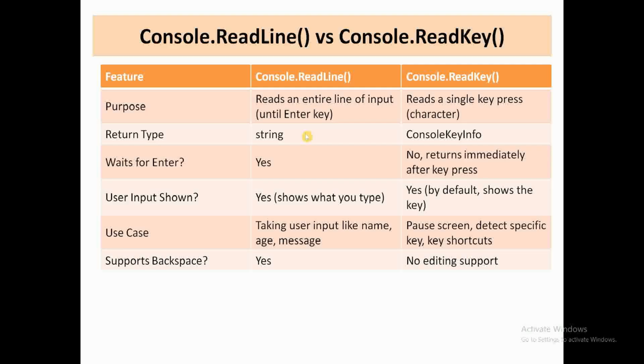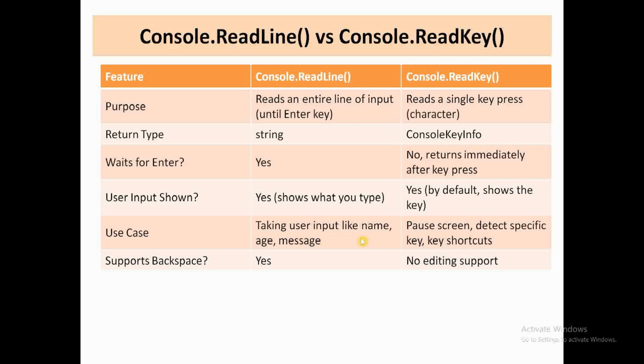ReadLine's return type is a string; we have to convert it by typecast. ReadKey's return type is ConsoleKeyInfo. ReadLine waits for the Enter key, but ReadKey does not wait for the Enter key. It immediately closes the terminal window after pressing any key. ReadLine shows the input; if we are typing something, it shows what the user types. ReadKey by default only shows the key.